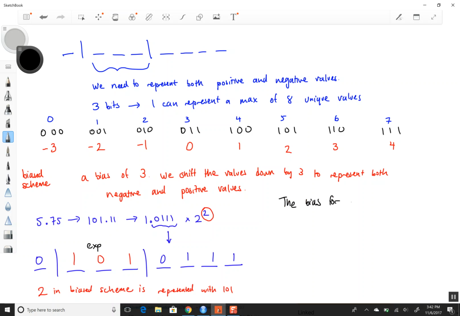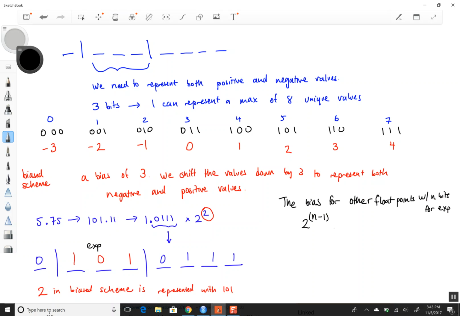For other floating points, the bias would be 2 to the n minus 1, minus 1, if you have n bits for the exponent.